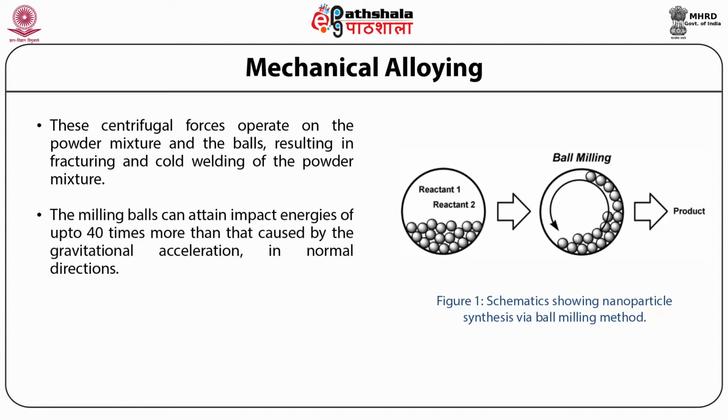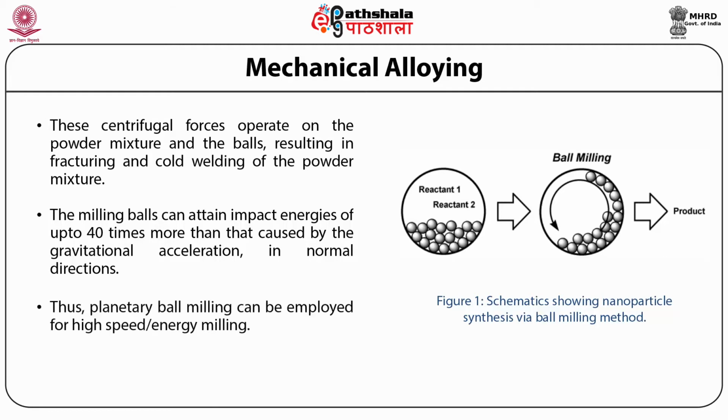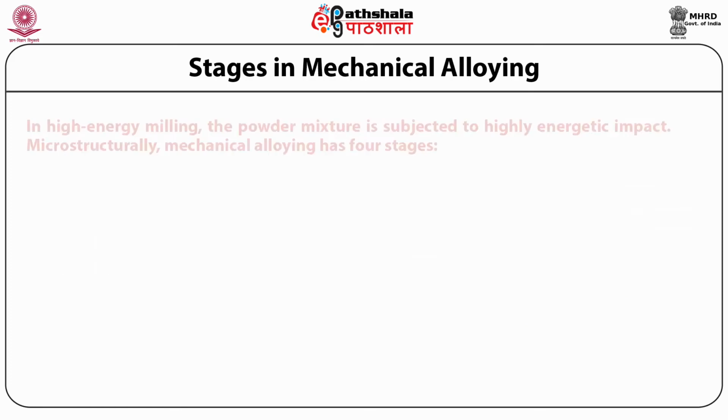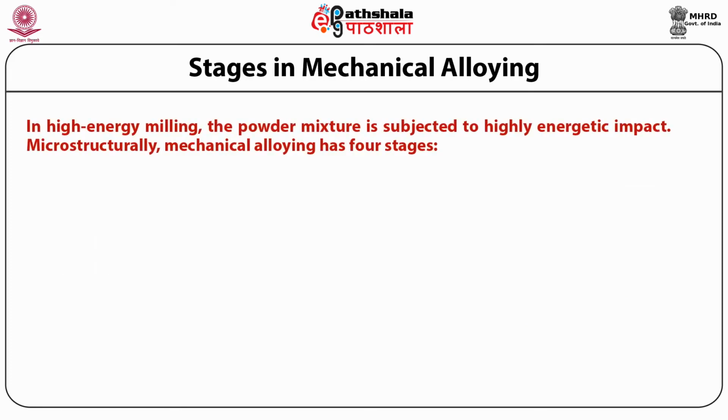The milling balls can attain impact energies of up to 40 times more than that caused by the gravitational acceleration in normal directions. Thus, planetary ball milling can be employed for high speed or energy milling. In high energy milling, the powder mixture is subjected to highly energetic impact.